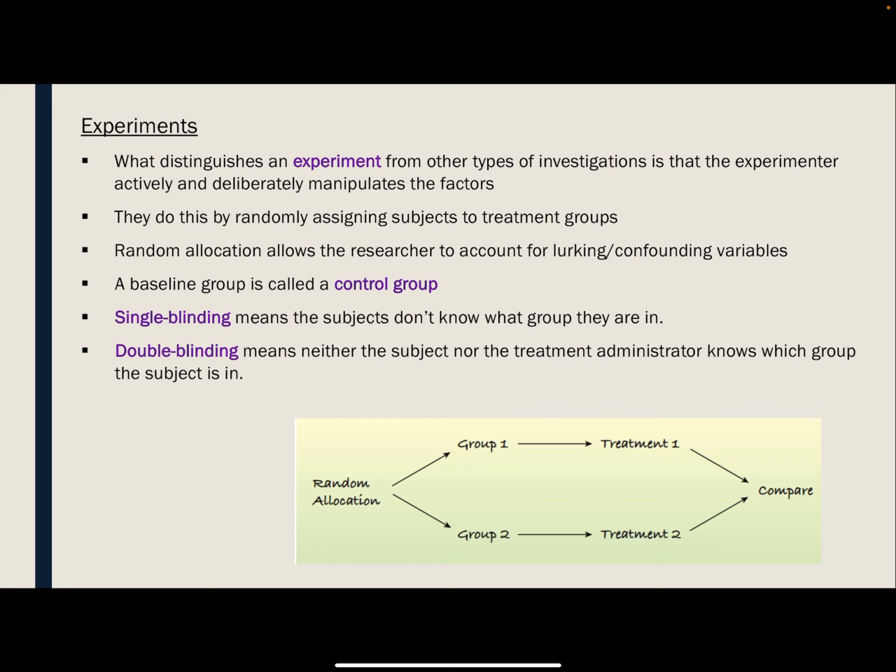So one experiment that I heard of that was kind of funny and interesting was how alcohol consumption affected test results. And so they had a large group of students, college students of drinking age, and they randomly assigned them to different treatment groups.